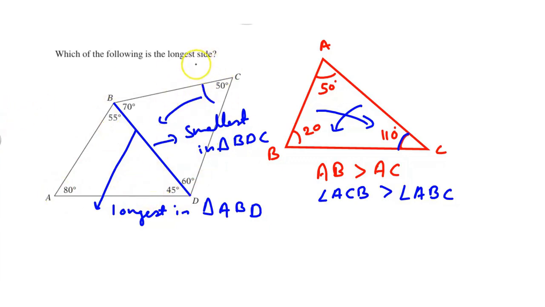Now here, the longest side will be opposite to 70 degree. 70 is the largest angle, and the side opposite to this, DC, will be the longest side. DC is longest.